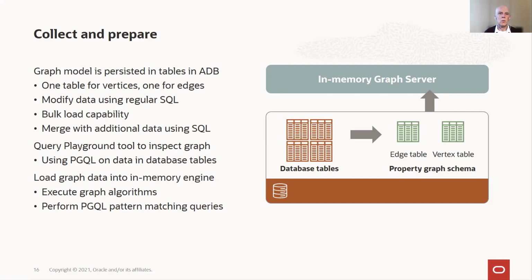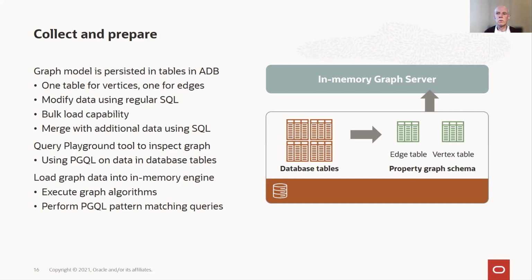And to load data into the in-memory graph server, the first step is to generate appropriate data structures where we persist the information, vertices, and the edges in database tables, and then load the data from there. These vertex tables and edge tables make it possible to store the data in the schemaless manner, which I already briefly talked about, and they are fully documented.